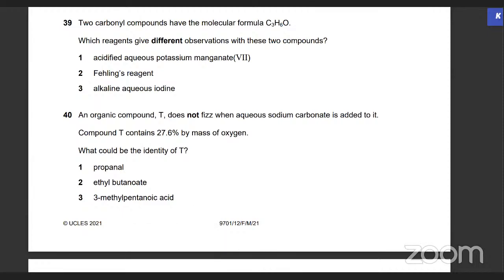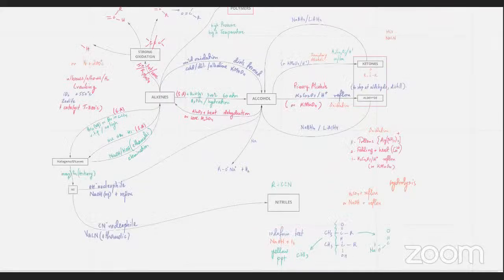And just a second, let me open the revision board as well for organic, ठीक है? So ठीक है, this is available.